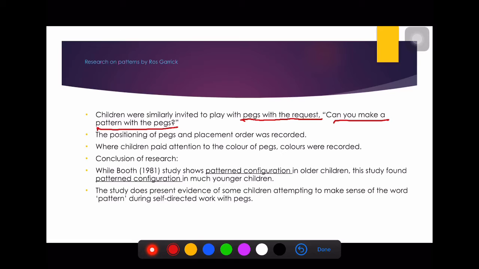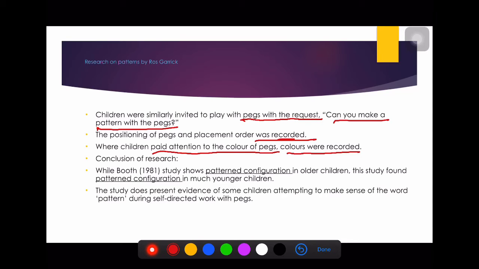So the positioning of the packs and placement order was actually recorded. When children paid attention to the color of packs, colors were recorded. So if they mentioned that I'm going to make a yellow square, so they use all the yellow packs. But if they didn't mention the color, then it's just the shape.